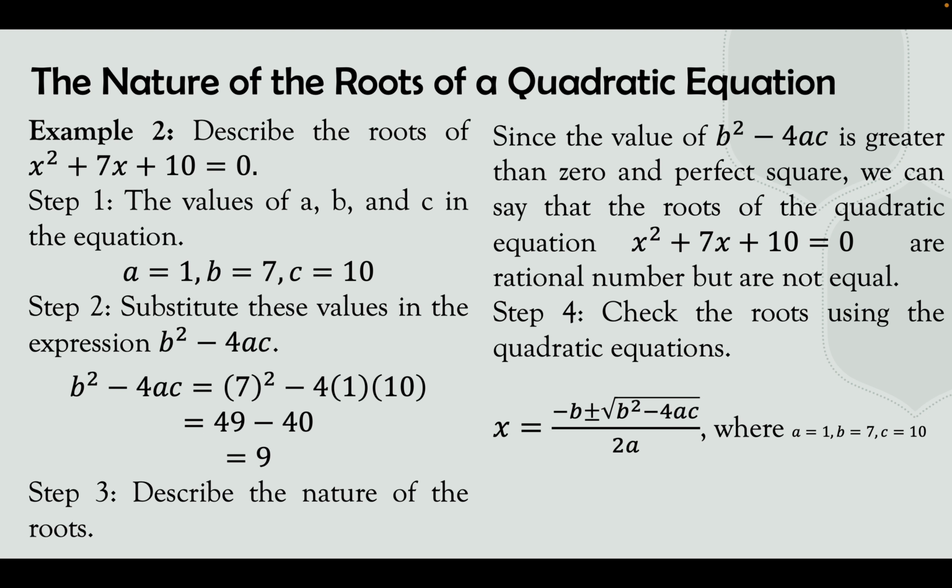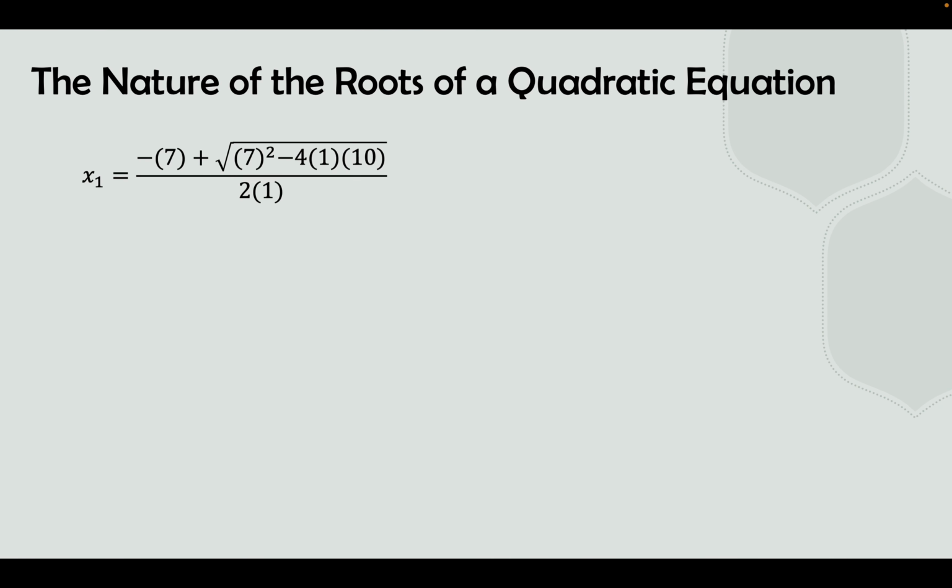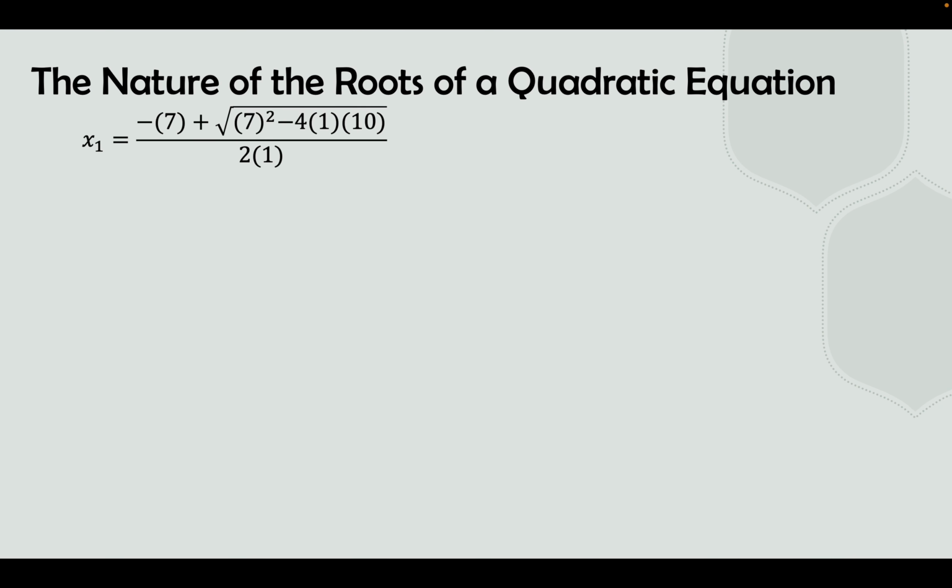So substitute the given values. For the x sub 1, we have negative 7 plus square root of 7 squared minus 4 times 1 times 10 over 2 times 1. So we have negative 7 plus 7 squared is 49. Negative 4 times 1 times 10, we have 40.